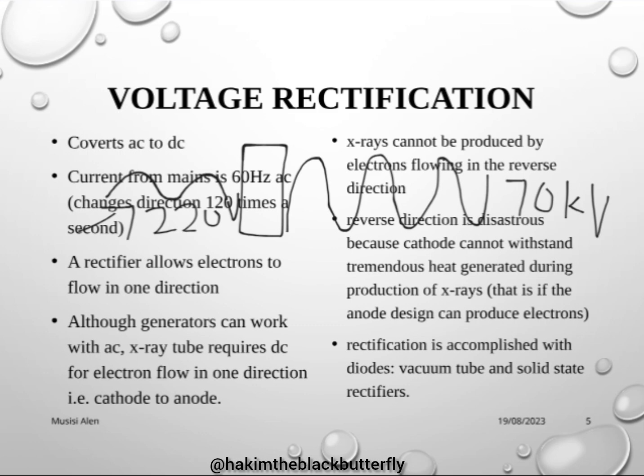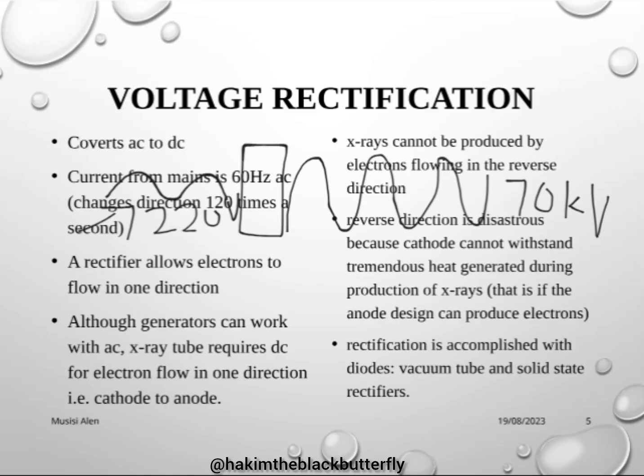X-rays cannot be produced by flow in the reverse direction. So reverse direction is disastrous because the cathode cannot withstand the tremendous heat generated during production of X-rays. That is, if the anode design can produce electrons.